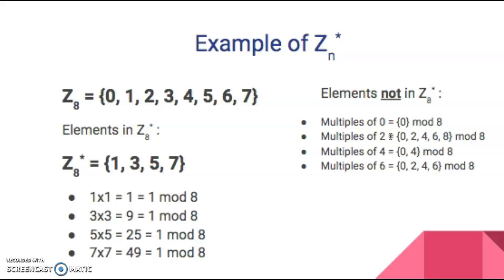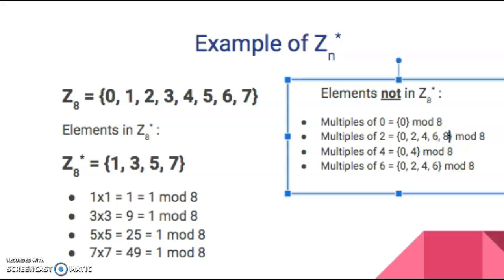So that is definitely not in our integers modulo 8 star set. Any multiple of 2 will generate the remainders 0, 2, 4, 6. And 8 is in there as a typo. I thought I deleted that. So we will get rid of that, because 8 modulo 8 is 0.